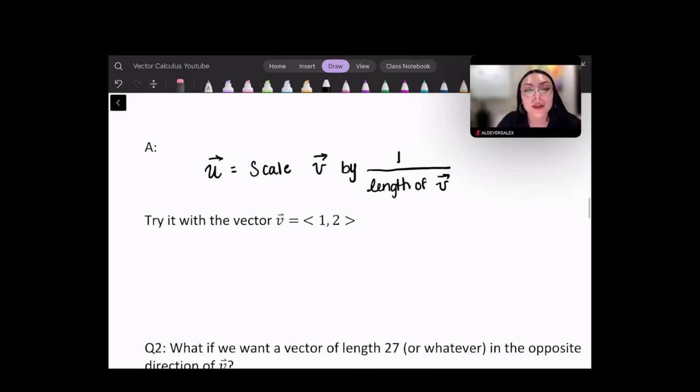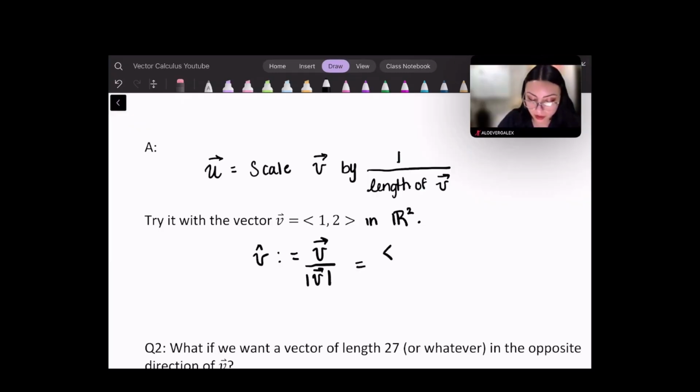So let's try this with the vector 1, 2 in R2. So in order to obtain a vector that has unit length that points in the same direction as v, we just take v hat and define this to be the vector v itself, the direction. But we want to pretty much cancel out the length of v, which is the magnitude.